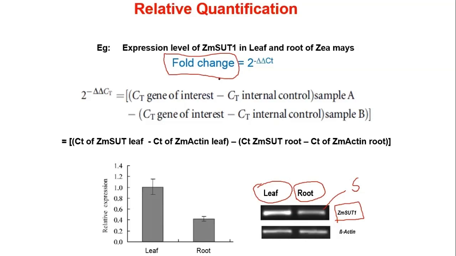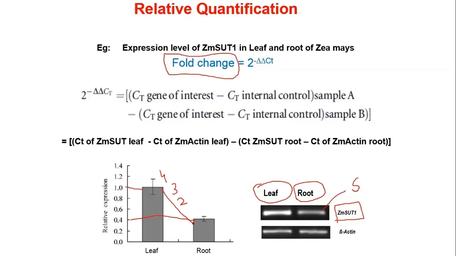Since you are checking the level of gene expression of sucrose transporter 1 in leaf and root, we need to find out by a formula how much is the difference, whether it is twofold higher in leaf, or threefold higher, or fourfold higher in leaf. Here you can say that it's 0.4 and it's 1, so it's almost twofold higher in leaf as compared to root.